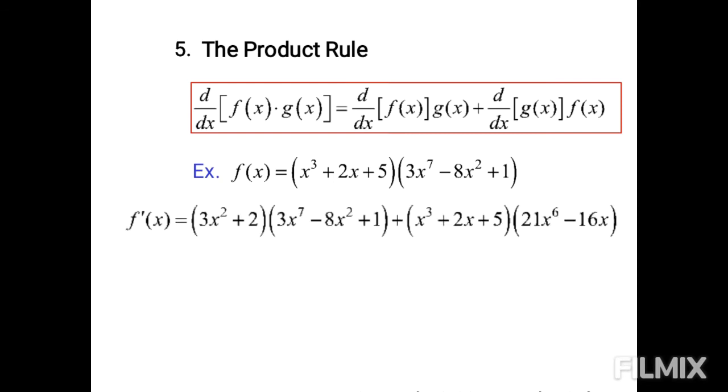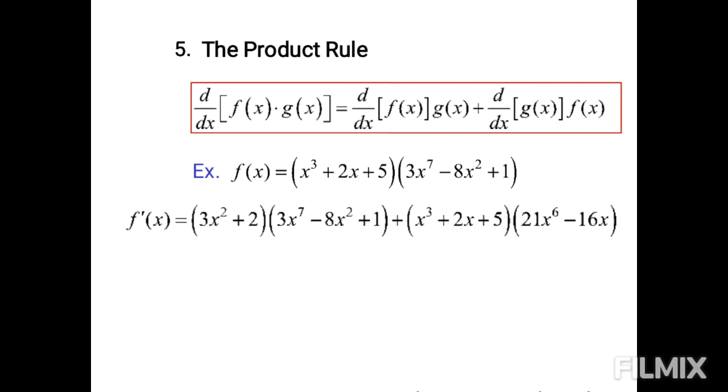By the use of our rule, we need to find the derivative first of the first function, and the derivative of x cubed plus 2x plus 5 is 3x squared plus 2. How does it go? We use the power rule here, and for our first term x cubed, the derivative will be 3x squared. We also use the constant multiple rule because we have our constant 2 here.